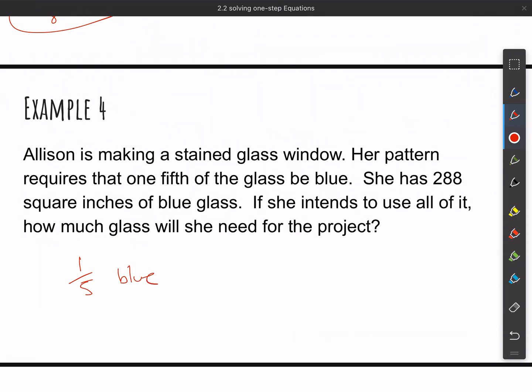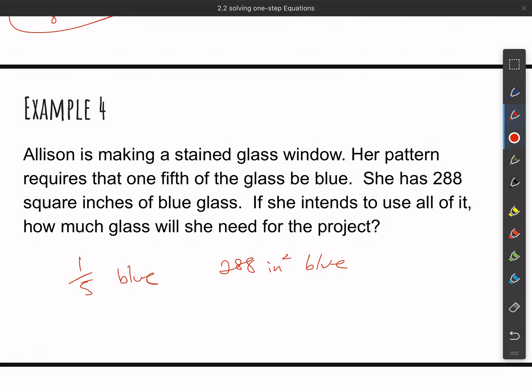She has 288 square inches of blue glass. If she intends to use all of it, how much glass will she need for the project?